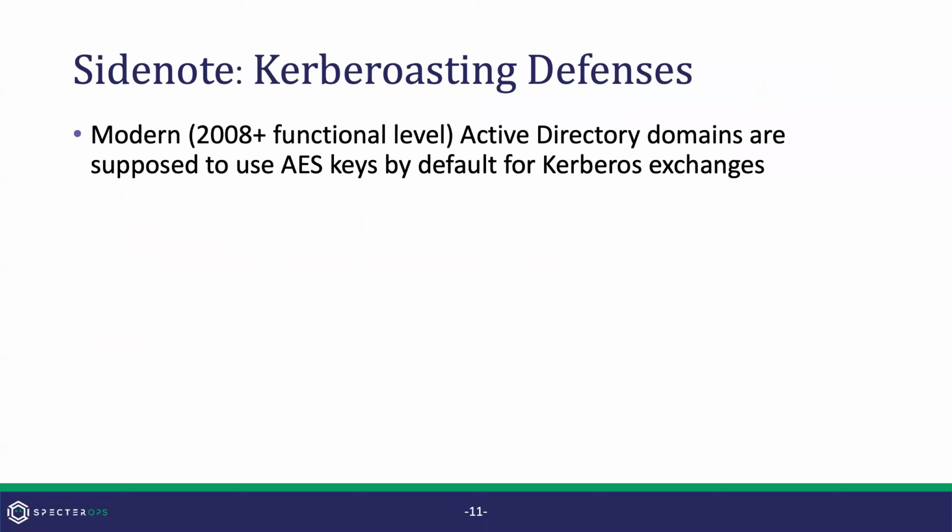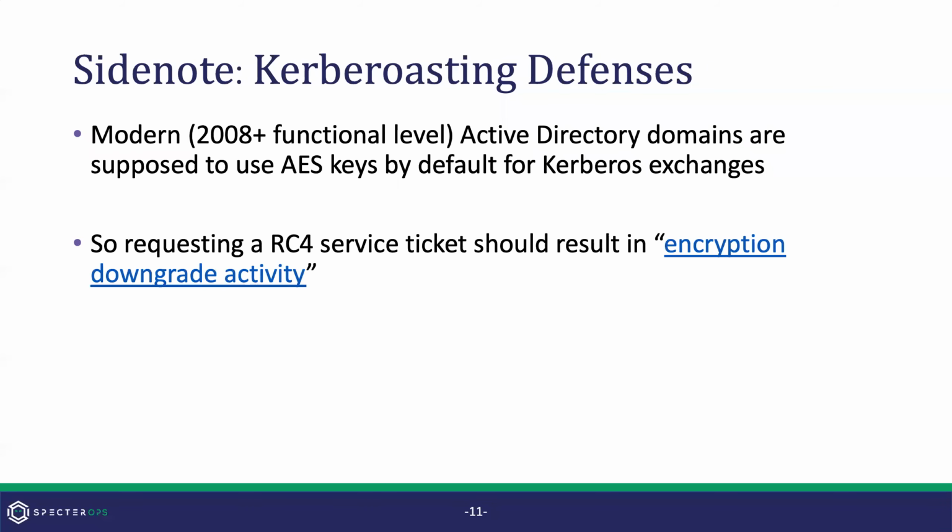Like TGTs and all this, they're going to use the highest mutually supported encryption type, which is going to be AES 256 for modern operating systems and domains. So people have been saying for a while, okay, if you see an RC4 ticket request, this should be a heuristic that an attacker is doing something bad. They're requesting encryption that is lower than the officially supported encryption. So that should be an anomaly.